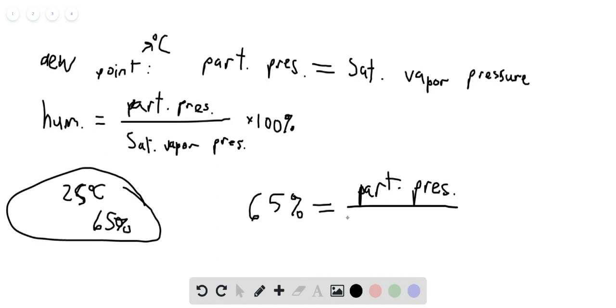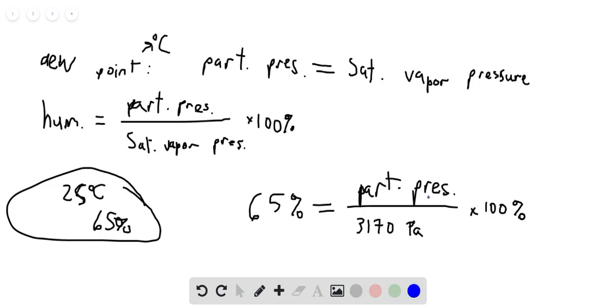And this number is 3,170 Pascal, which is given like 3.17 times 10 to the 3, times 100%.